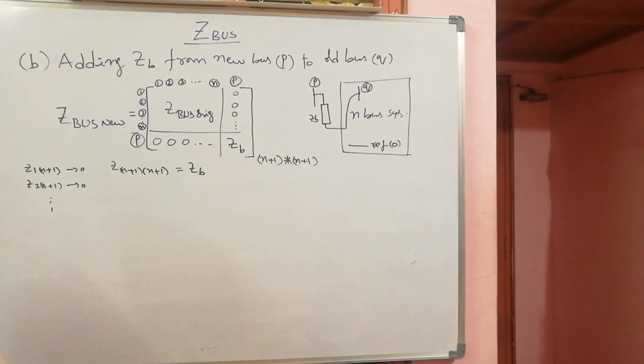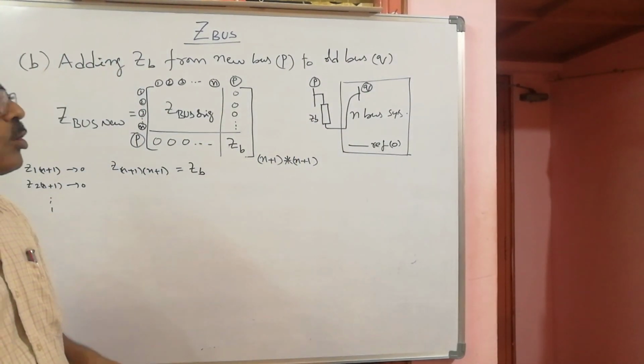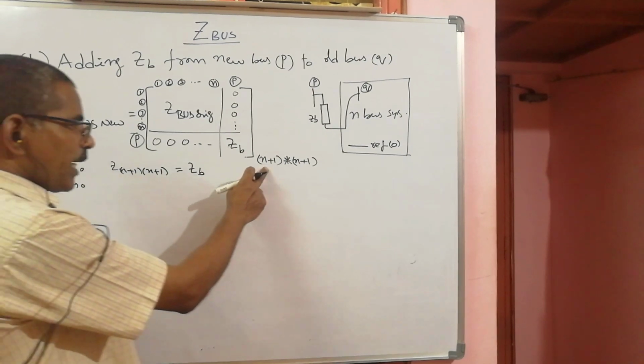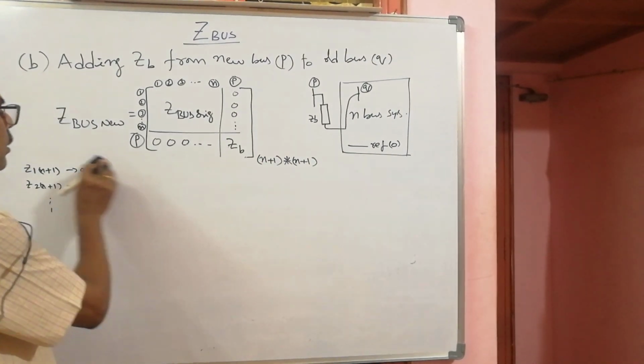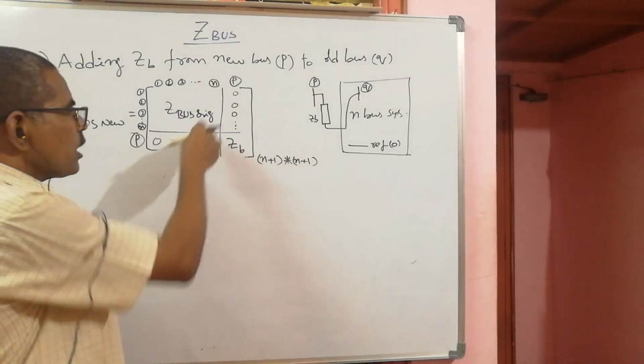Then how to modify this? Here again we are getting an additional bus into the system, so the new matrix becomes n plus 1 by n plus 1 as before. The dimension is to be increased. Then what are these values?